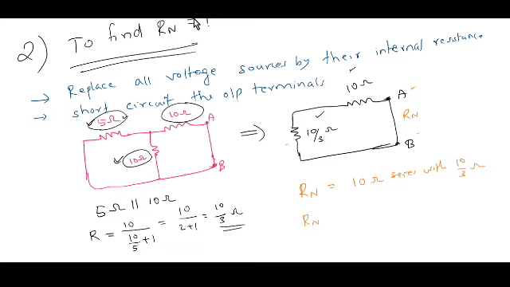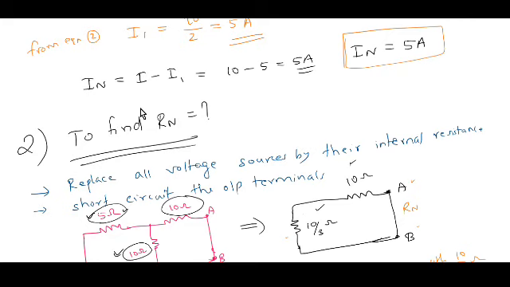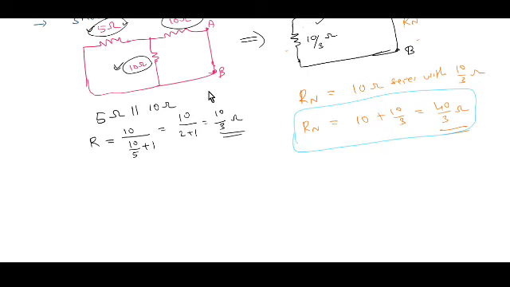Therefore the effective resistance Rn is equal to 10 plus 10 by 3, that is 40 by 3 ohm. Okay. Now we got the value of Rn and In. In we have here, that is 5 ampere, and the Rn we have 40 by 3.